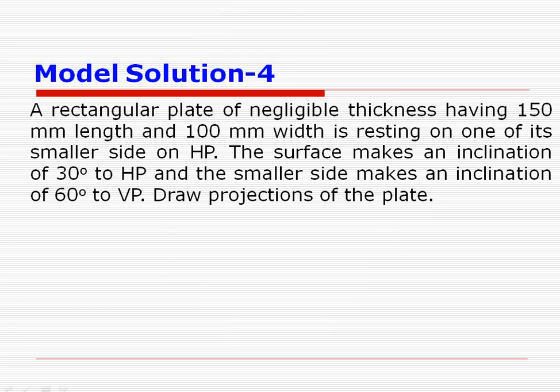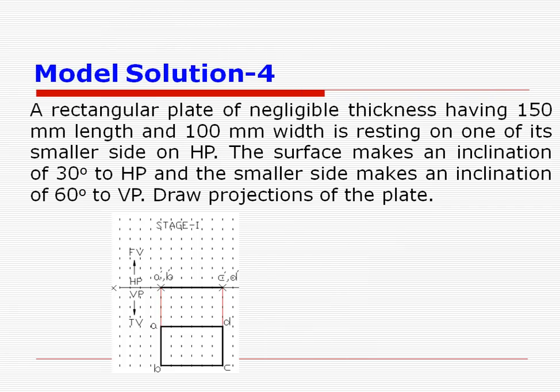In the beginning let the whole of the plate lie in HP, and because the side of the plate has to lie in HP, that side we shall retain as perpendicular to the XY line. So initially the whole of the plate is lying in HP, but the smaller side we retain as perpendicular to the XY line like this. When it is on HP, its front view is on the XY line like this. So stage 1 is clear.